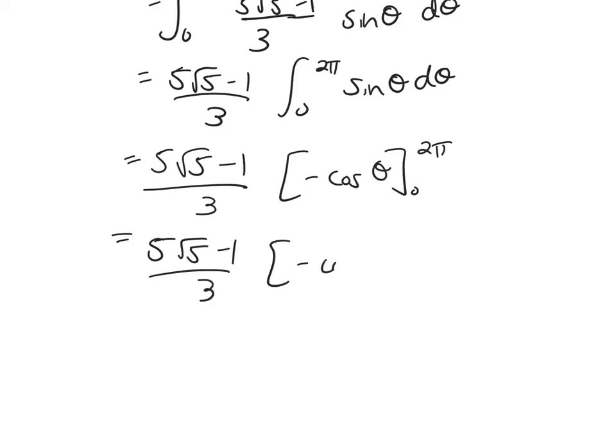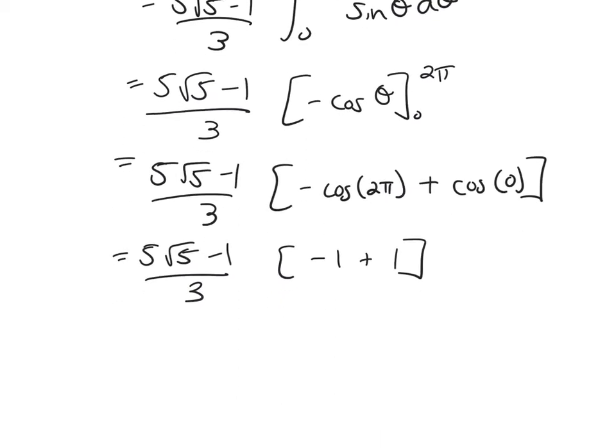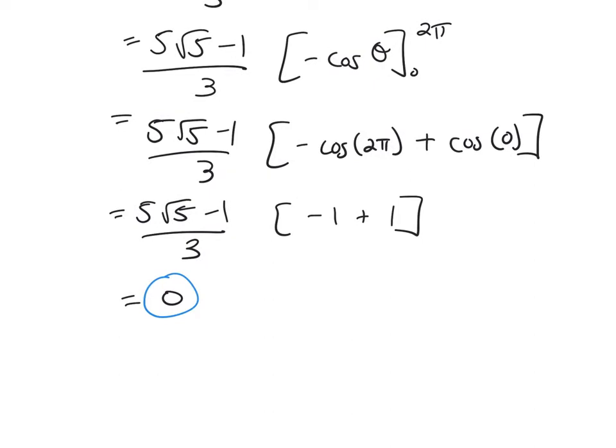So minus cosine of 2 pi minus a negative plus cosine of 0. Well, cosine of 2 pi is 1. Cosine of 0 is 1, so you're going to get 0 here. So sometimes it's beneficial to switch to polar coordinates.